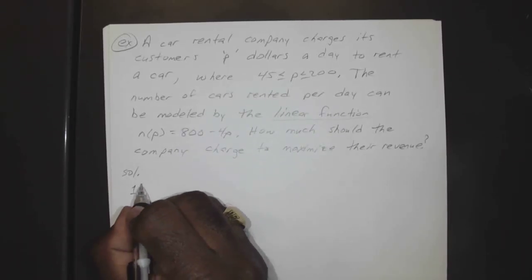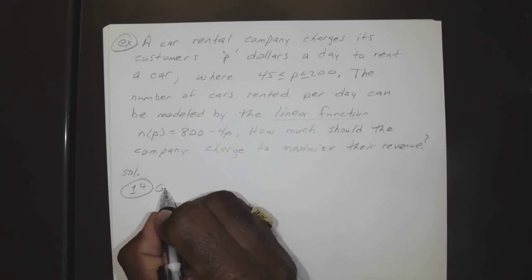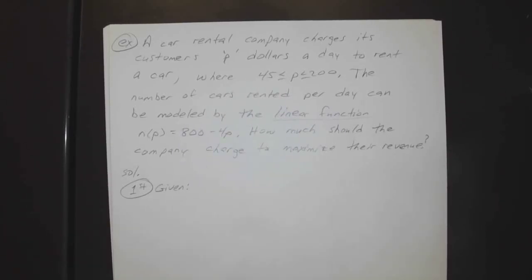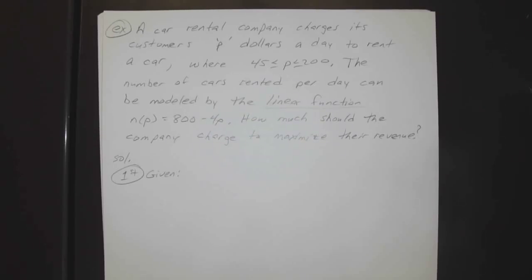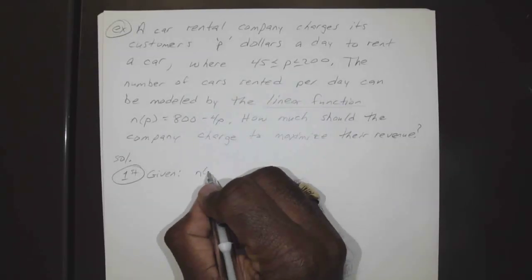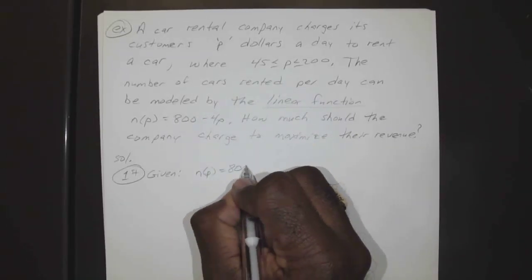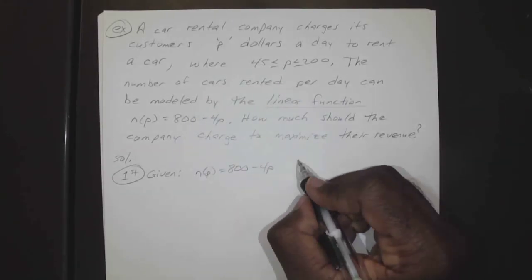All right, so for our first step, we have to look at what we're given. Well, we're given that the model for the number of cars rented is 800 minus 4P.